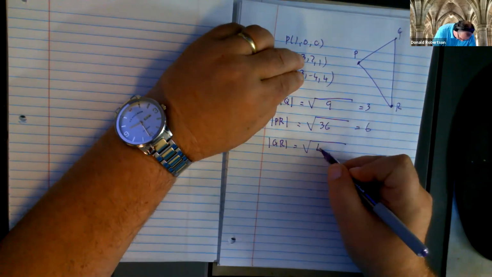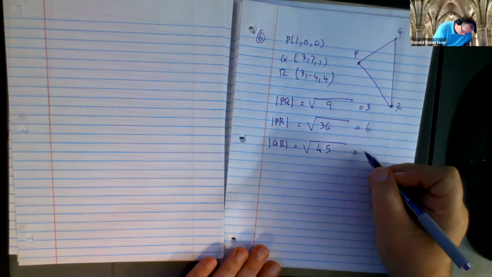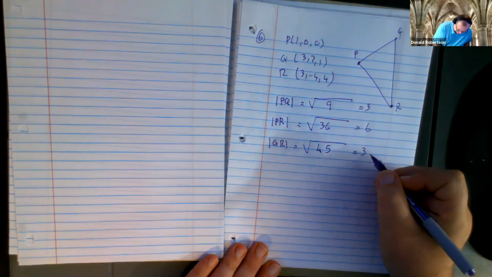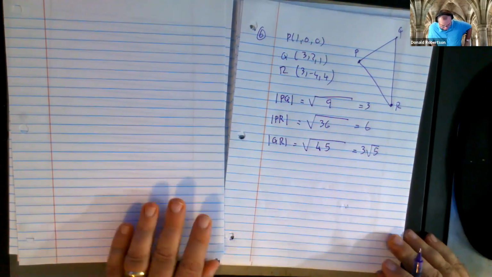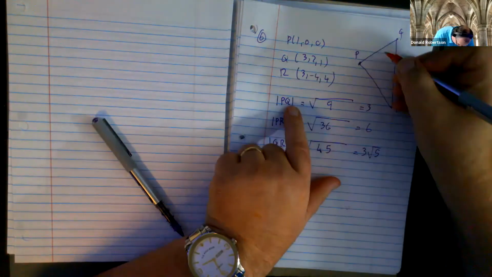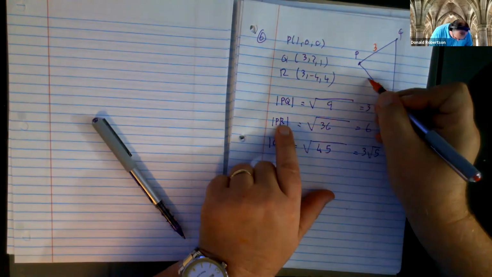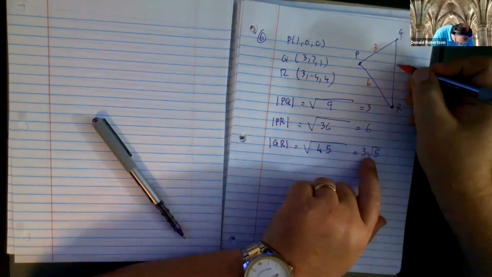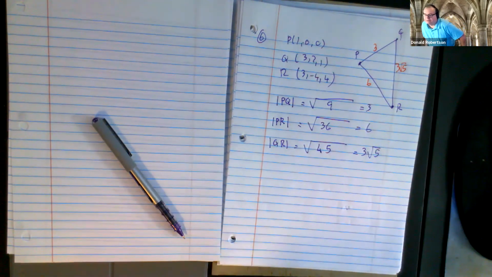So it's the square root of 45, which I could redo as 9 times 5. 9 becomes 3, so 3 root 5. So PQ is 3 units, PR is 6 units, and QR is 3 square root of 5. Are you happy about that? And if I've screwed up with the adding, you can tell me. So far, so good.